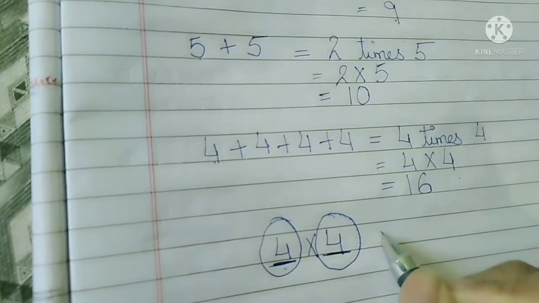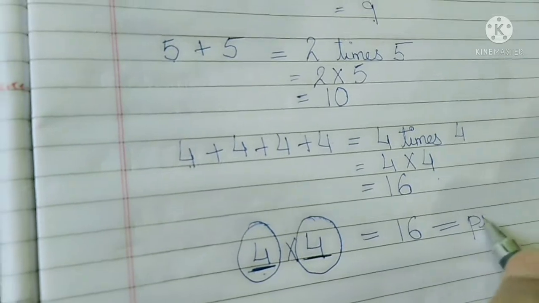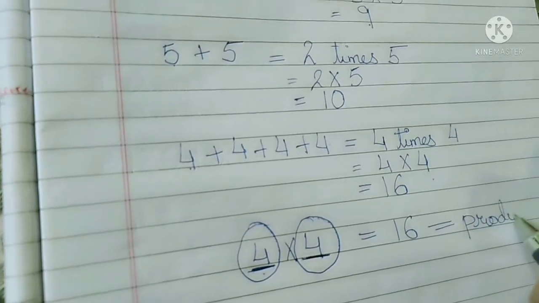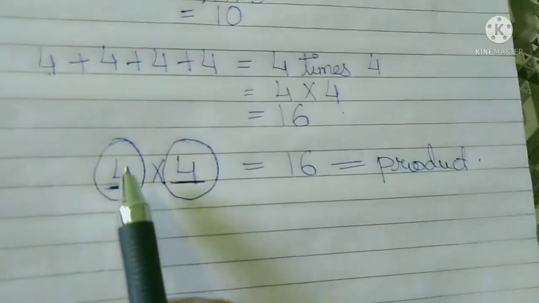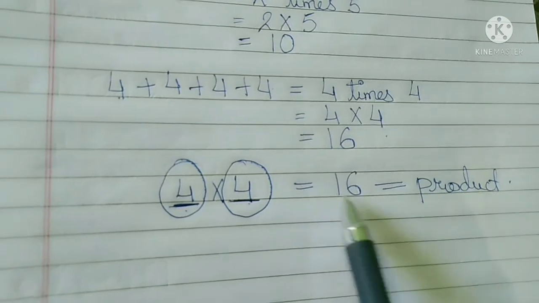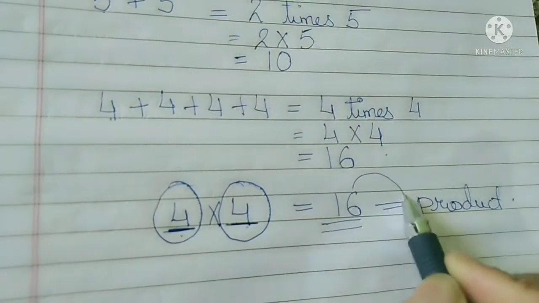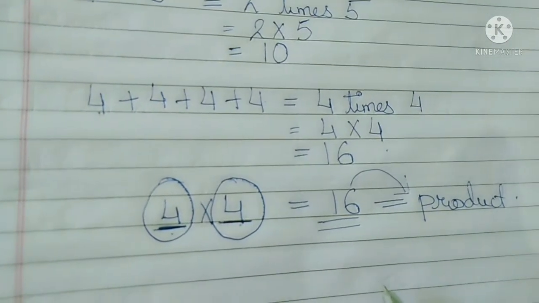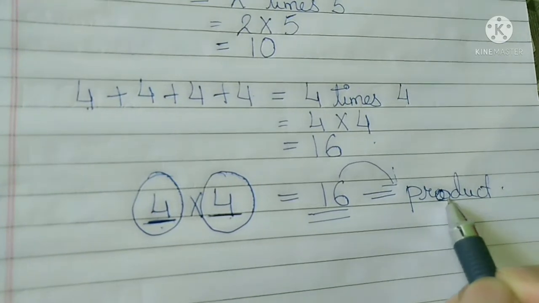After multiplying, whatever answer we get is known as the product. That is, this number 4 into 4 we multiplied and we got the number 16. That means 16 is the product. P-R-O-D-U-C-T, product.